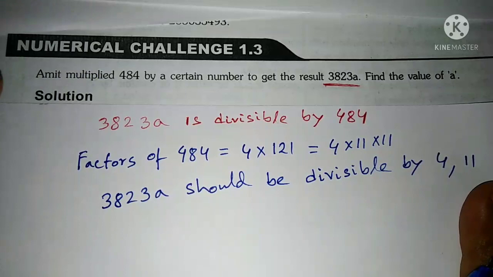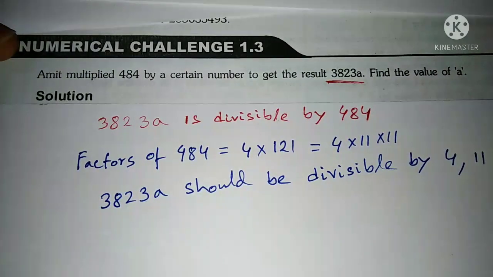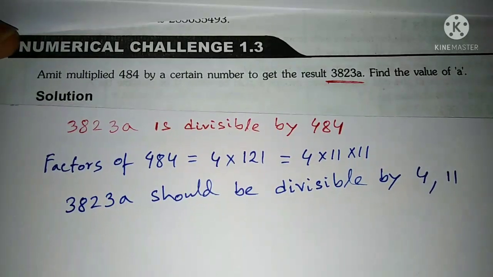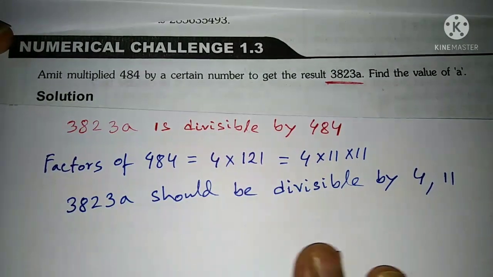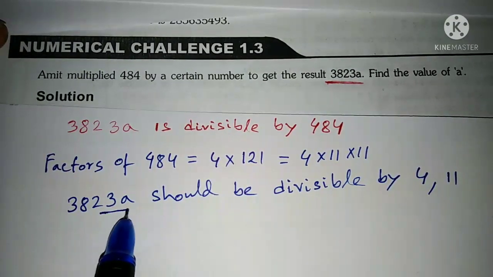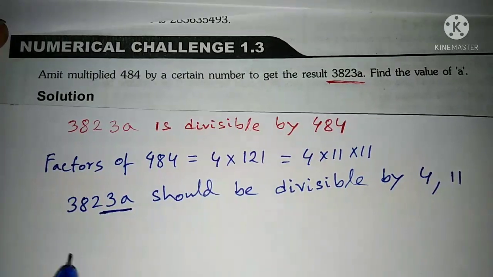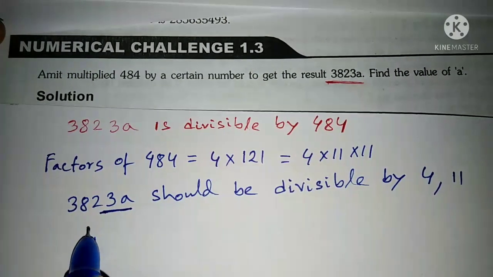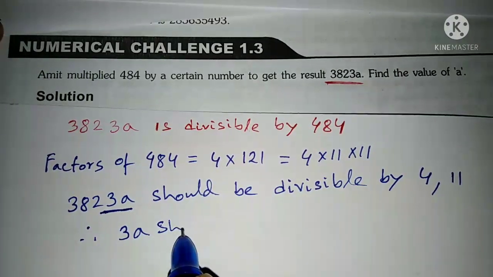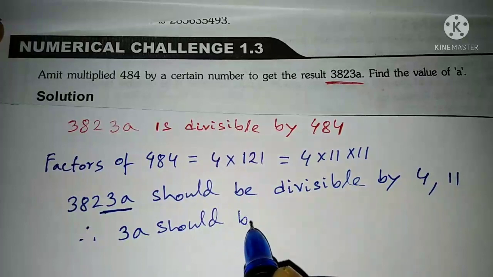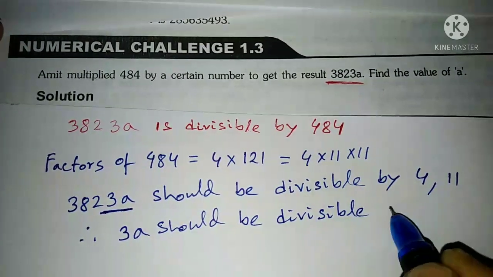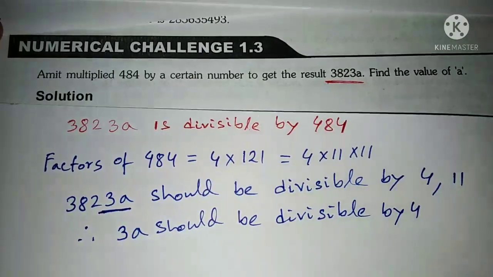And we already know the divisibility rules of 4 and 11. If a number is divisible by 4, the last two digits should be divisible by 4. Correct? Then 3A should be divisible by 4.